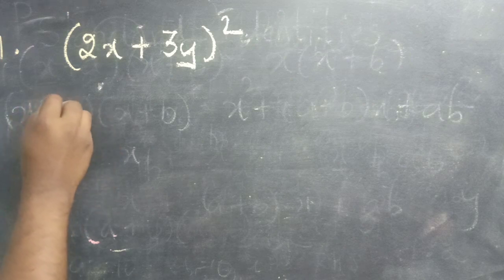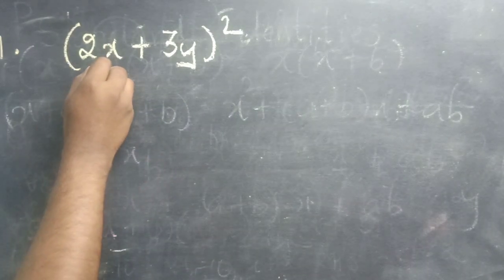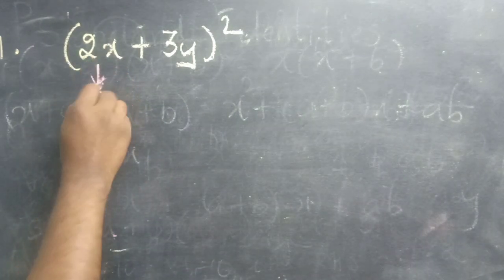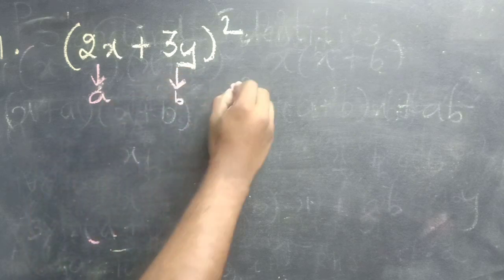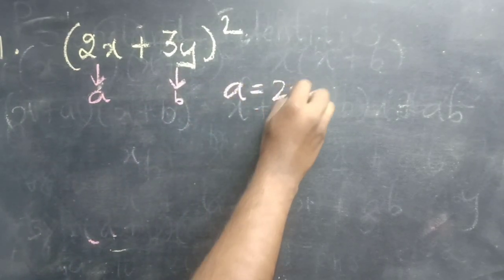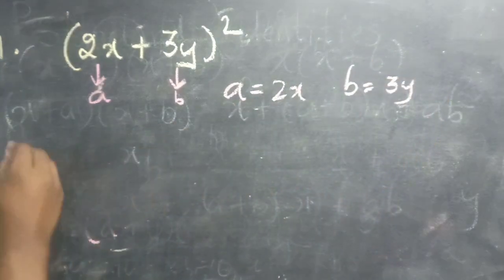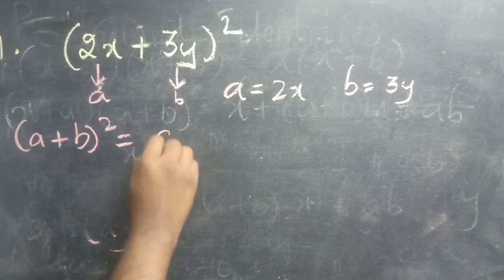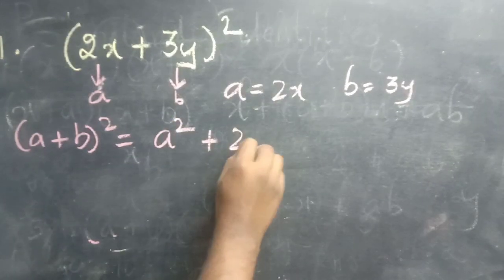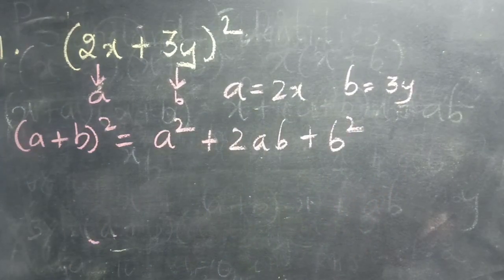What is a plus b whole square? a square plus 2ab plus b square. In the place of a, I have 2x. In the place of b, I have 3y. Therefore, a equals 2x, b equals 3y. The identity is a plus b whole square equals a square plus 2 times ab plus b square.